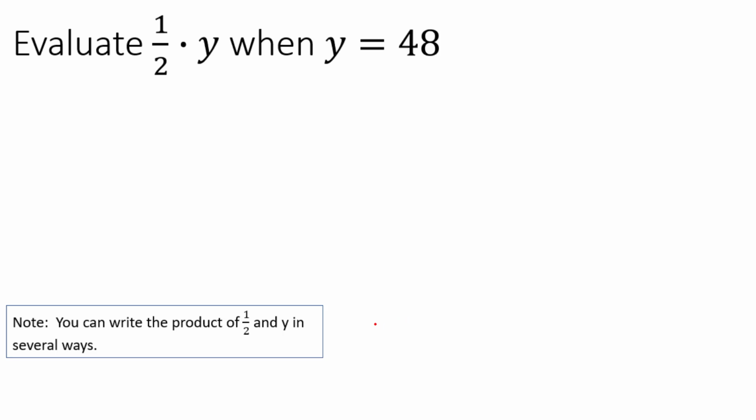We can write it like this: 1/2 times y. We can also write it like this: 1/2 y. And we can write it like this: y over 2. And I can do this because I multiply y times 1.